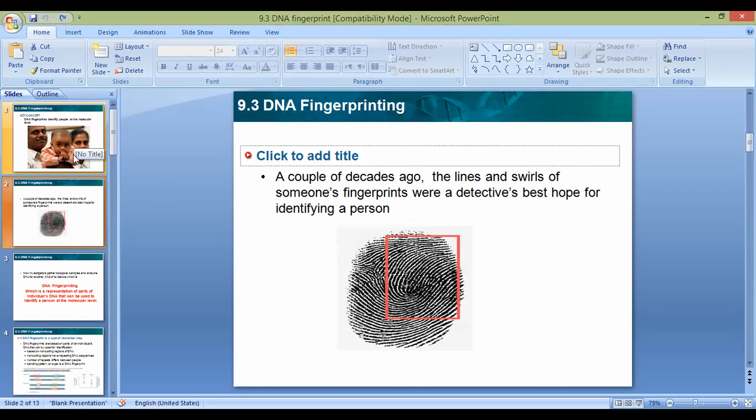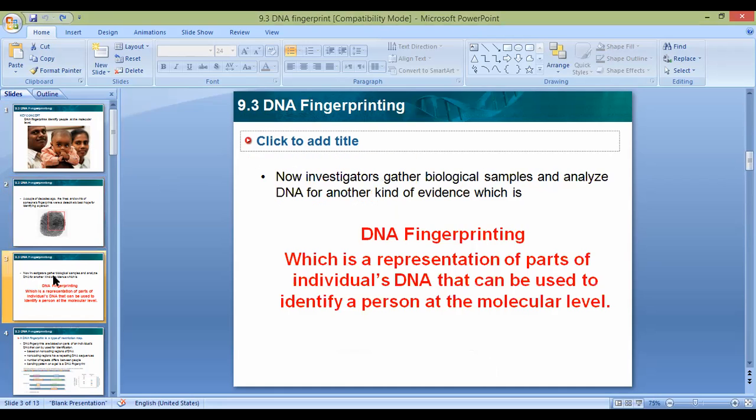This technique is used to identify a person or any individual depending on the fragments of the DNA within the parts of DNA. And these parts of DNA are non-coding parts. Okay, so let's stop here. I will show you this small video for you to understand what I said. Okay, just a minute.